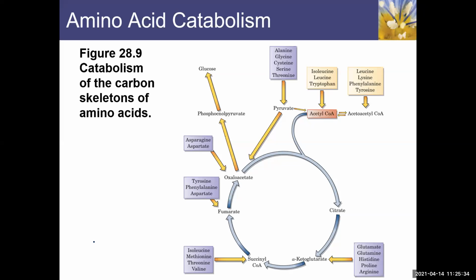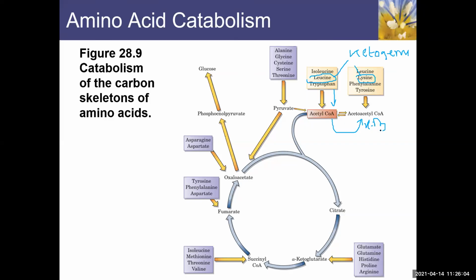So can you identify, here I have leucine over here, and I have lysine over here. Look at this. So these two are your ketogenic amino acids. Remember this and look at this. They are used to produce acetyl CoA, and they can also produce the ketone bodies over here.